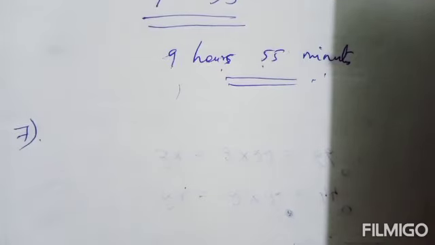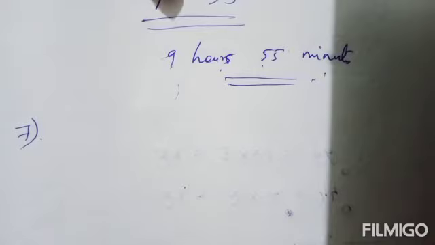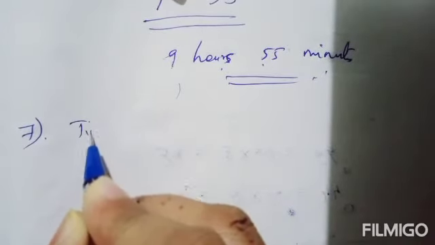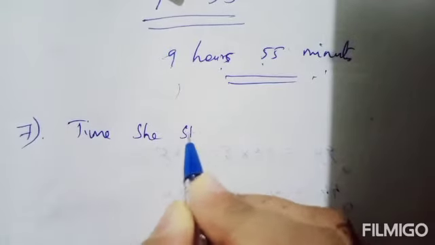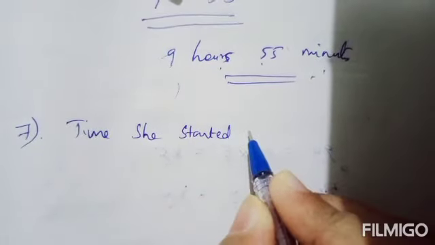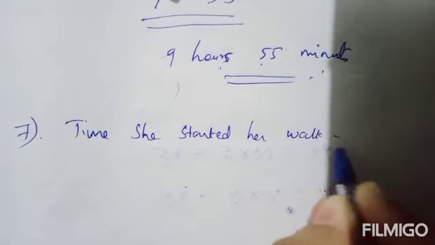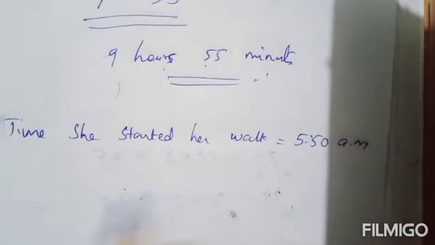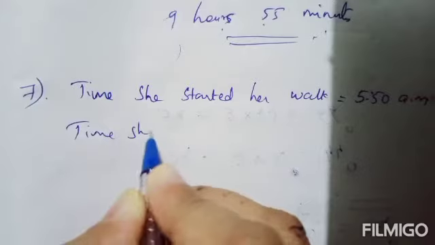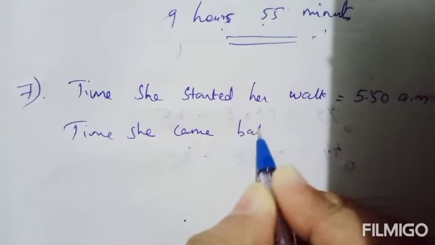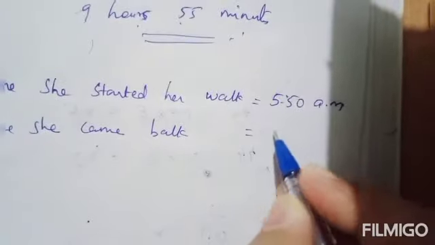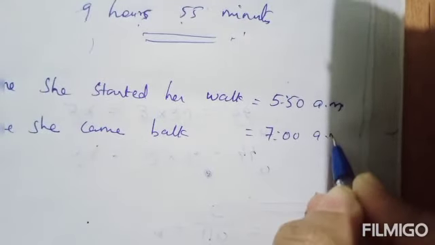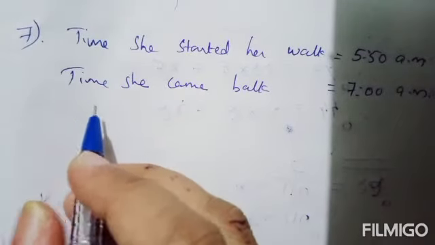Now the 7th one. Simran started for a morning walk at 5:50 a.m. She came back at 7 a.m. How long did she walk? The time she started her walk is given, 5:50 a.m. The time she came back is given, 7 a.m. So how long did she walk?